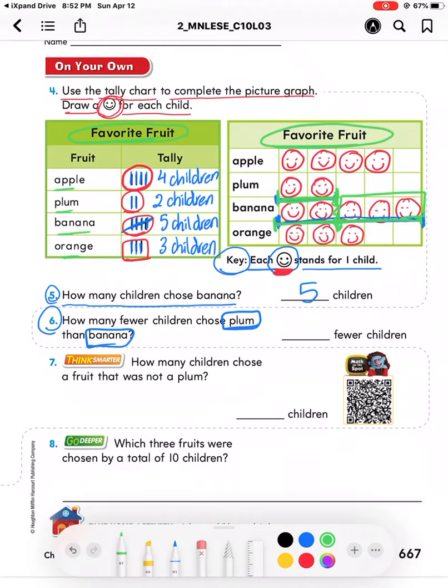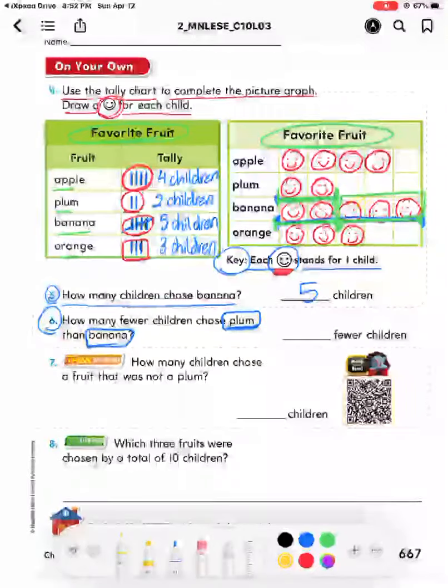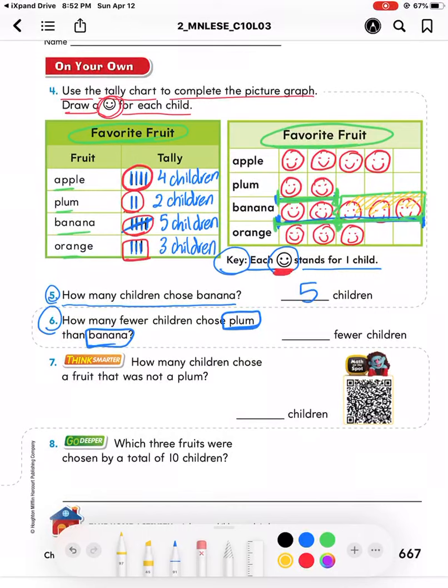All of this is extra, so I will do it like this. So how many smiley faces do we got? 3 more. But let's read the question. It says, how many fewer children choose plum than banana? So here it's 3 fewer. Okay? So the answer is 3 fewer children.